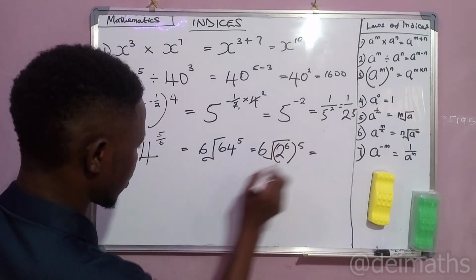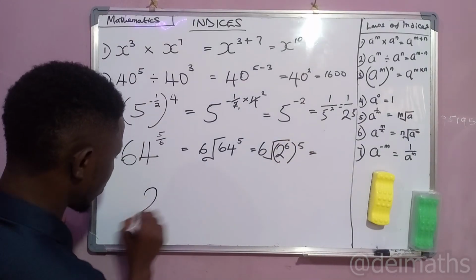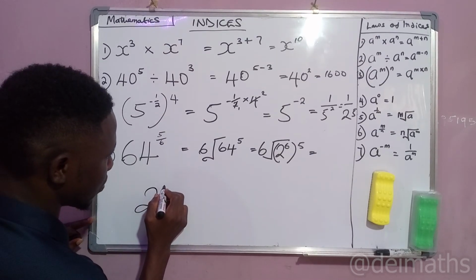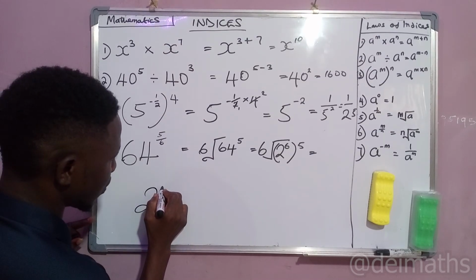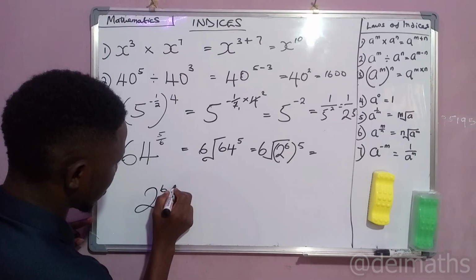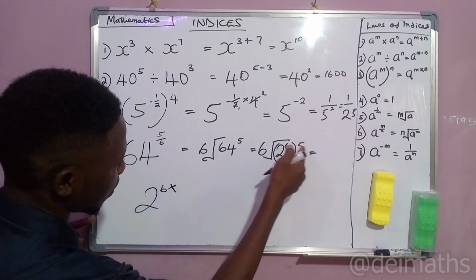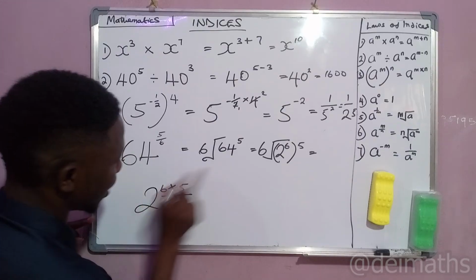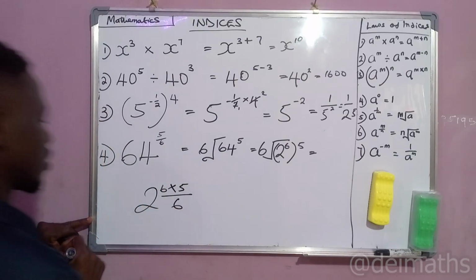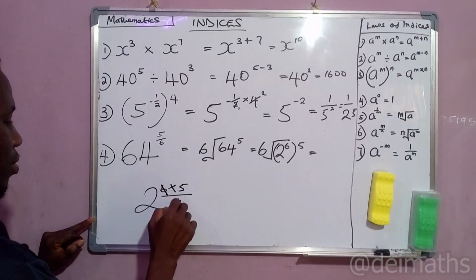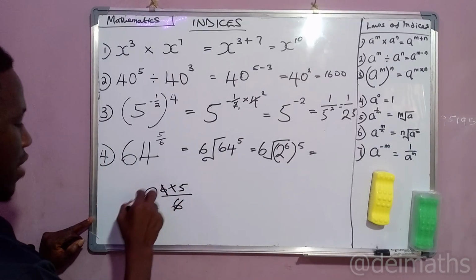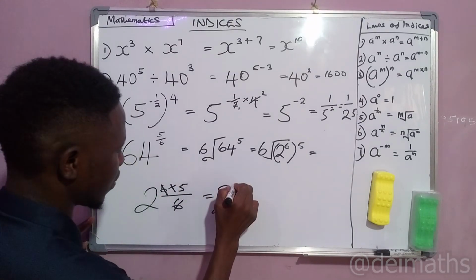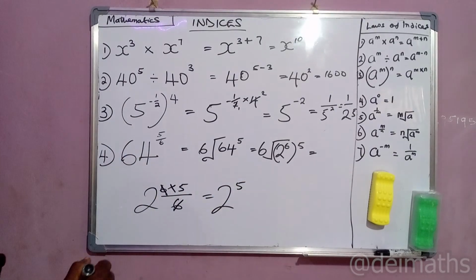Now it's the same as 2 raised to the power 6 times, this is the power law, 5 divided by 6. This cancels this. We have 2 raised to the power 5.